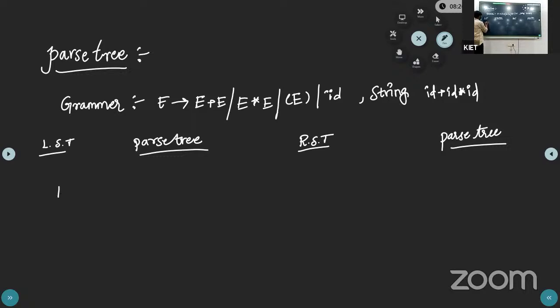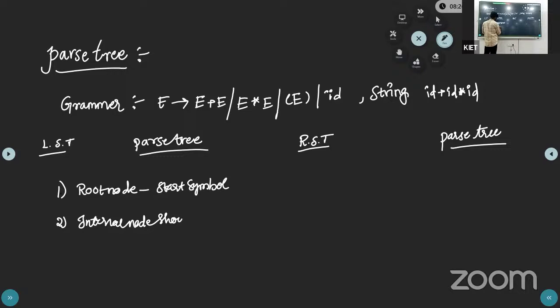The first rule is the root node should be a start symbol, and the internal node should be a non-terminal, for example a variable or any uppercase letter. And then coming to the third rule, the leaf node should always be a terminal.